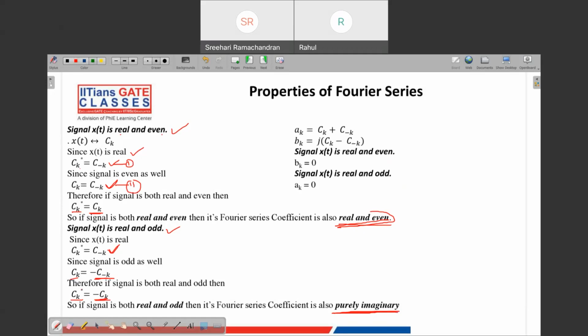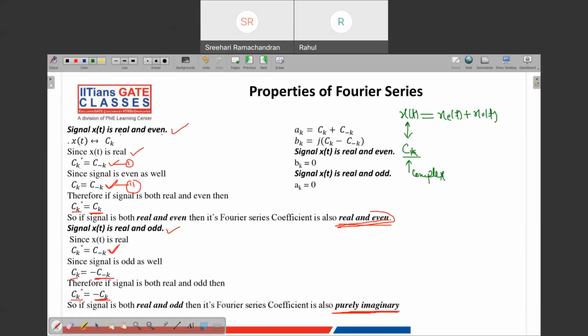Let's say you have a signal x of t and it has some even part and some odd part. Now when you calculate the Fourier series of x of t, you get the Fourier coefficient C of k, which in general is a complex number. It means that it will have a real part and an imaginary part.